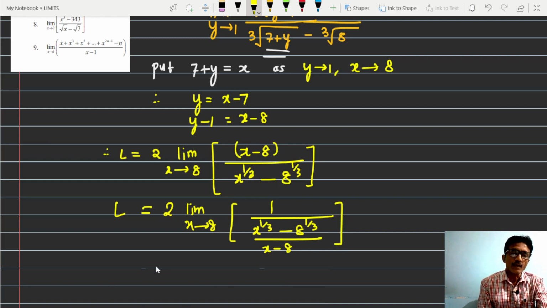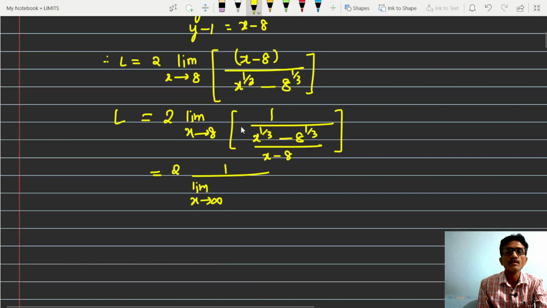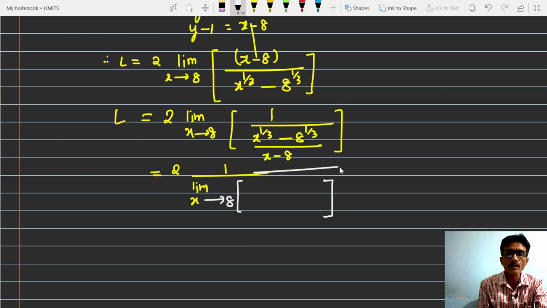Then we apply the formula here: 2 upon limit x tends to 8 of (x raised to power 1 by 3 minus 8 raised to power 1 by 3) upon (x minus 8).